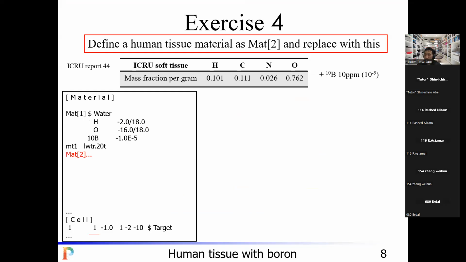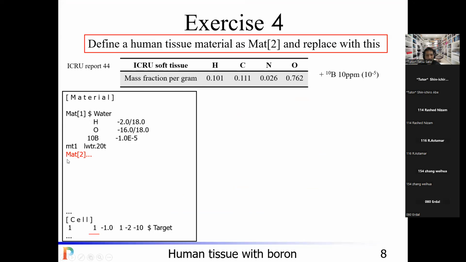So next, let's try exercise 4. Define a human tissue material as material 2 and replace with this. So this is a mass fraction per gram of human tissue material given by ICRP report 44.